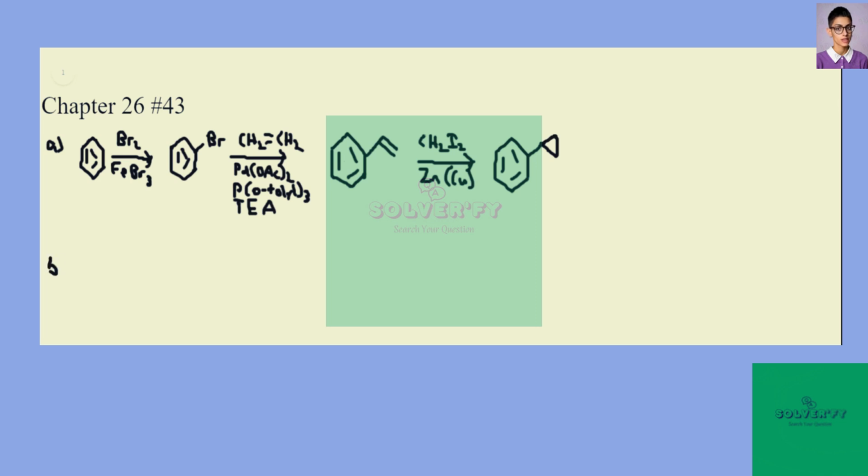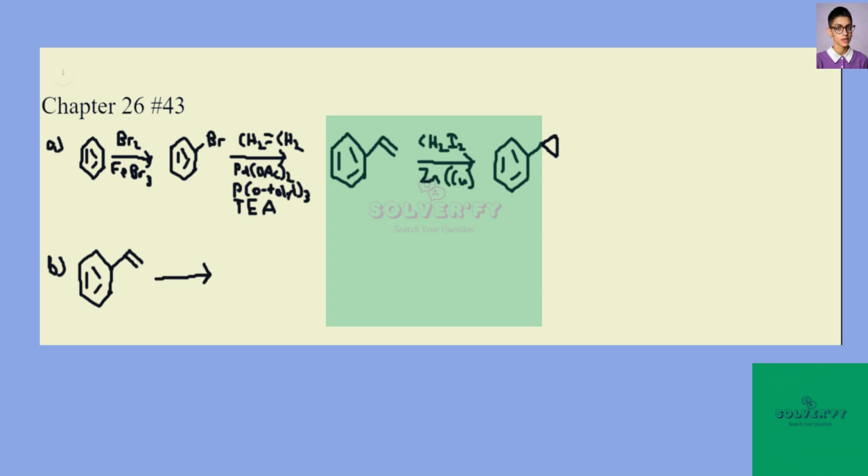And then for the rest of these, we are going to start from things that we made in part A. So for part B, we'll start from styrene. Again, we just made this above in part A. And this time, we need to do the other carbene type reaction.